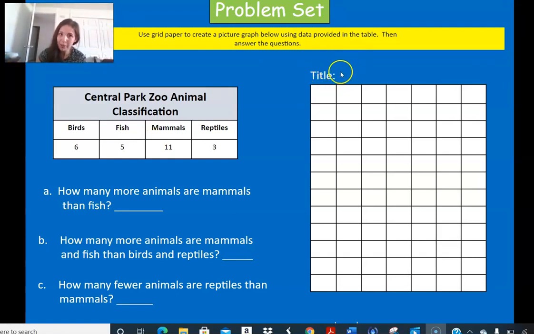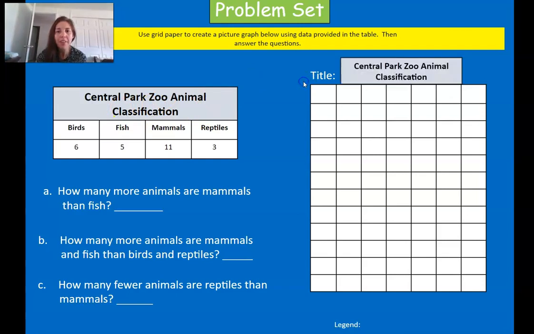Sometimes they don't have the label there, and you still have to remember what goes here. The title. They gave you the title. They don't always do that, but this time they did. So you have to have a title: Central Park Zoo Animal Classification. That tells anybody who looks at your picture graph what it is all about.